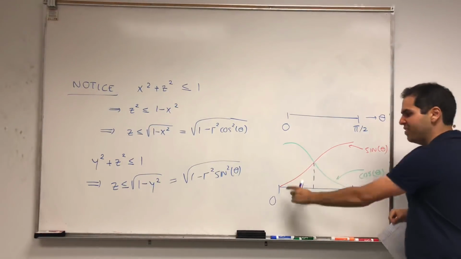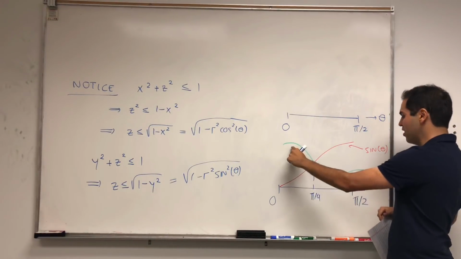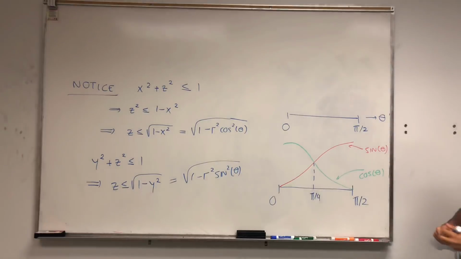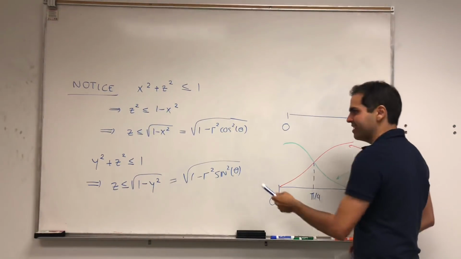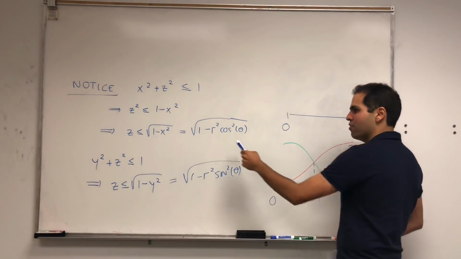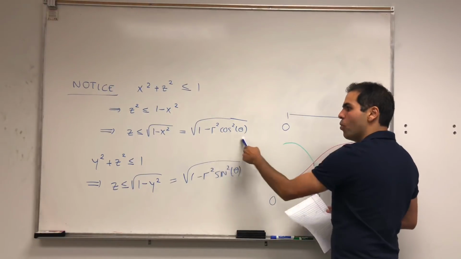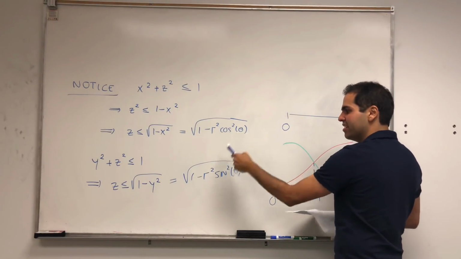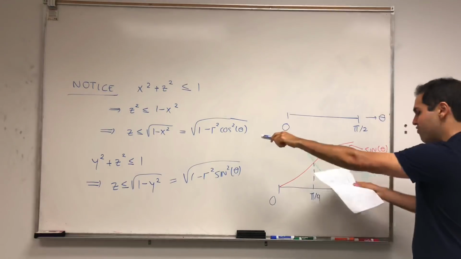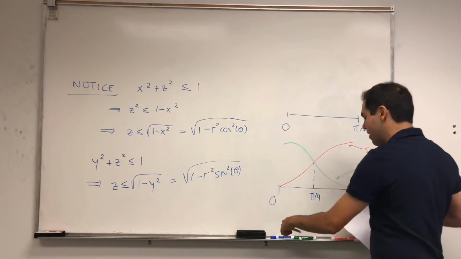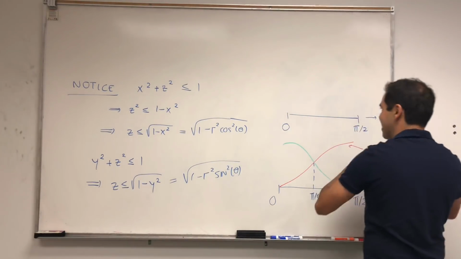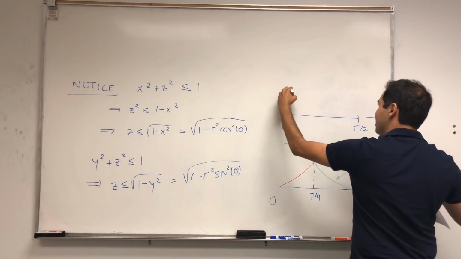More precisely, from 0 to pi over 4, cosine is bigger than sine. What this means is that on 0 to pi over 4, we're subtracting more from z here than from here. Therefore, the square root of 1 minus x squared is less than the square root of 1 minus y squared.